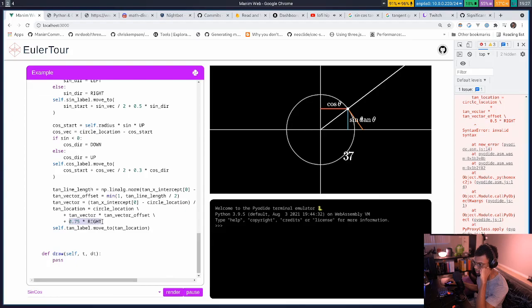Instead of right, I'll do 0.75 times circle location. That should be a unit vector.